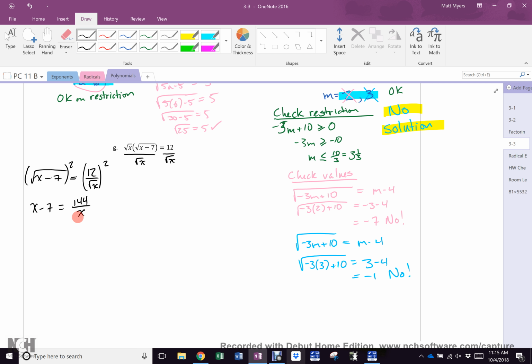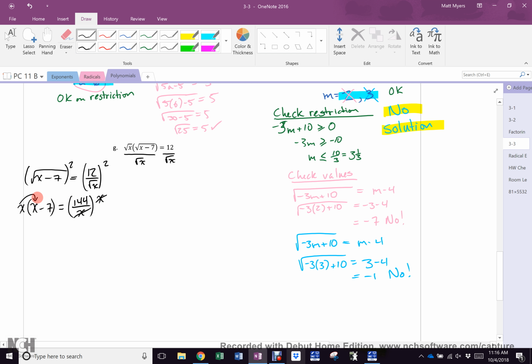Correct? Okay. Now I have to isolate x. How are you going to get rid of that x? Because you don't want any x's in the denominator. How do I get rid of divide by x? Multiply by x. What's going to happen to those x's? They're going to cancel. If I multiply the right side by x, what do I need to do to the left side? Same thing.